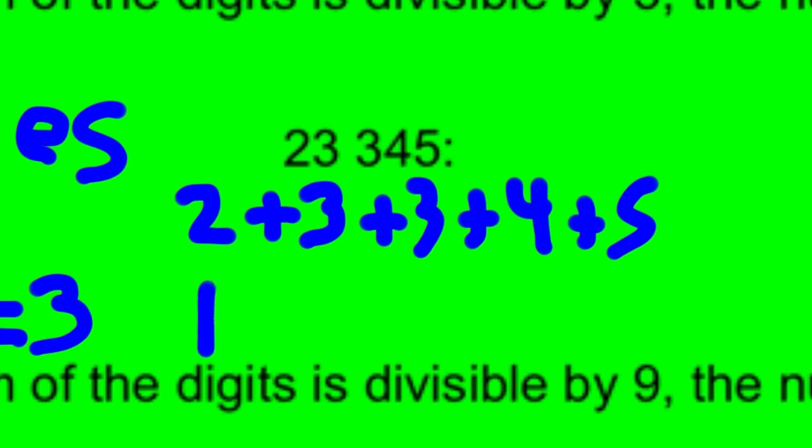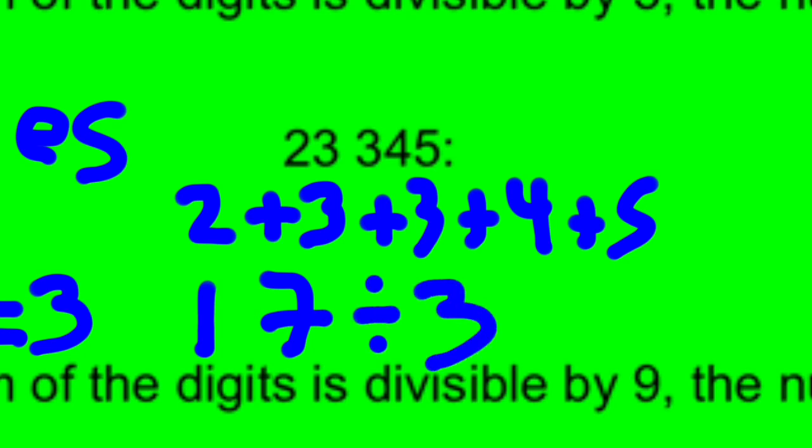So that sum is 17. And we check to see if that sum will divide by 3. Well, I know 3 times 5 is 15 and 3 times 6 is 18. So 3 will not divide into 17 evenly. There'll be a remainder. And since you can't divide that digit sum evenly by 3, this entire number is not divisible by 3.